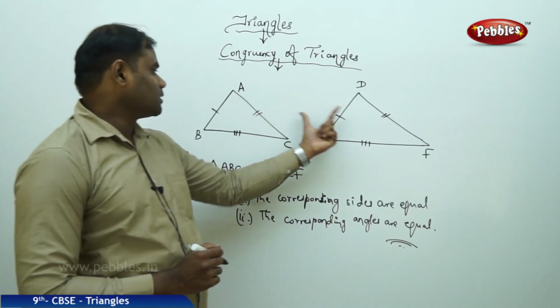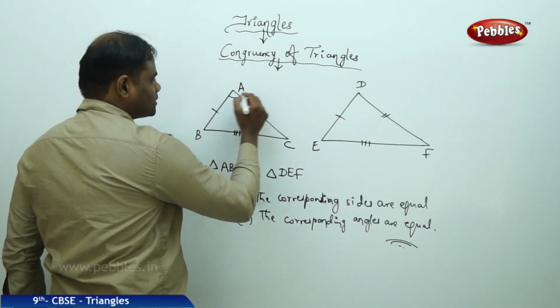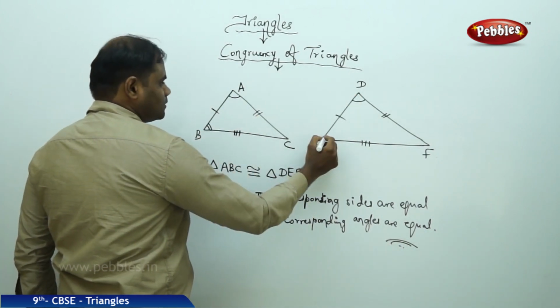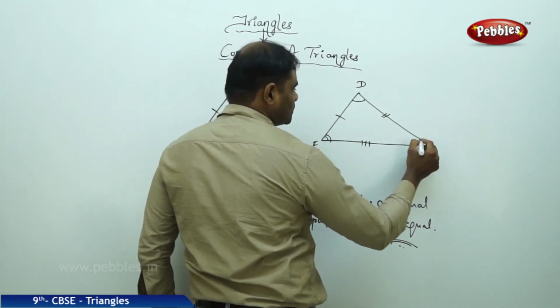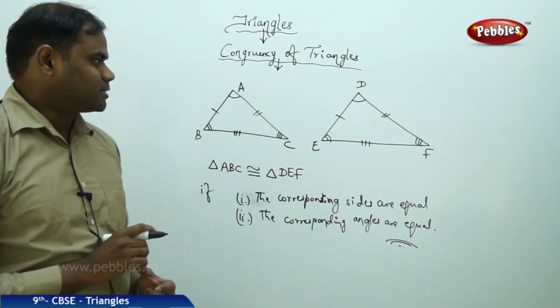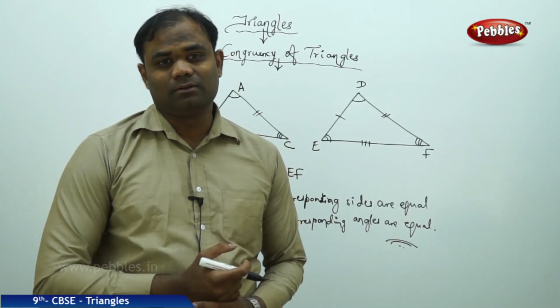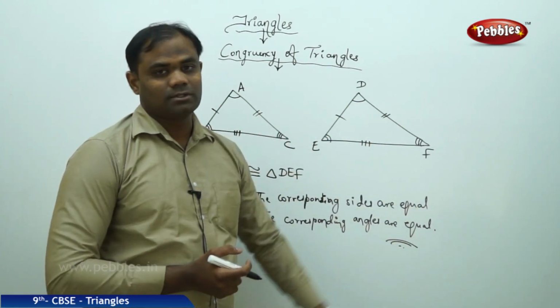Now that the corresponding sides are equal, next comes the corresponding angles. Angle A equals angle D, angle B equals angle E, angle C equals angle F. This is how we understand the corresponding angles of the two triangles being equal: this equals this, this equals this, and this equals this.